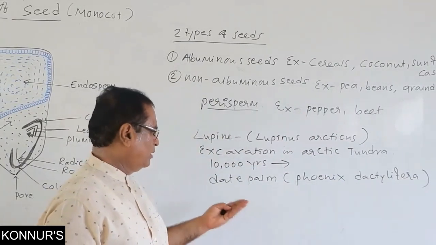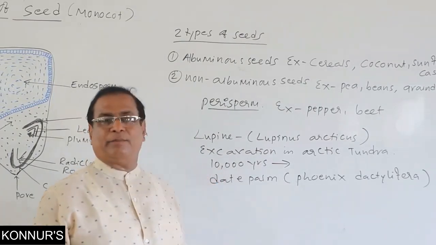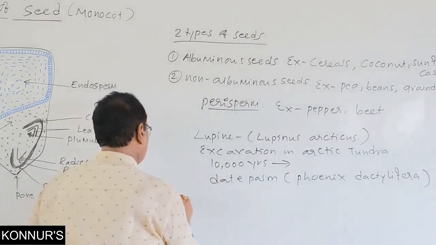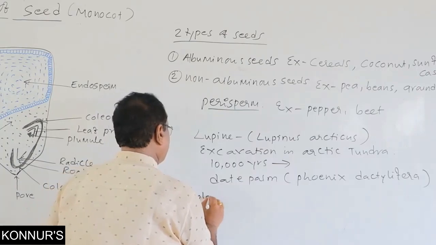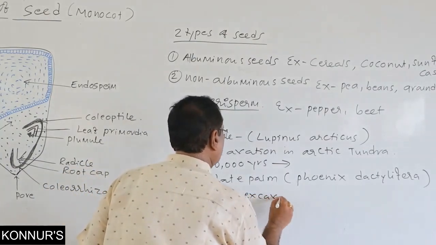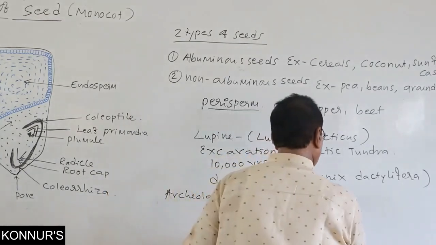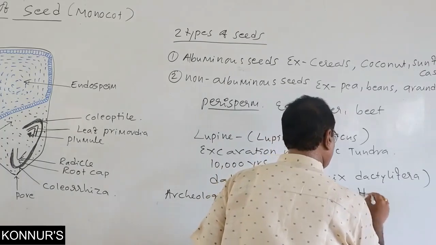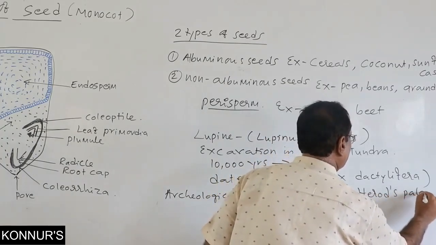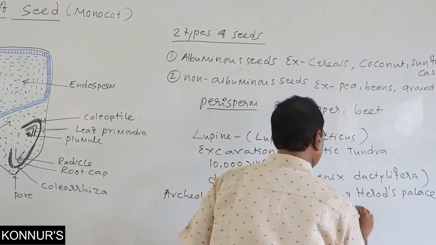The seeds of this date palm were obtained during archaeological excavation of King Herod's palace near the Dead Sea.